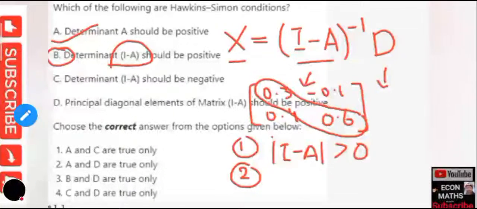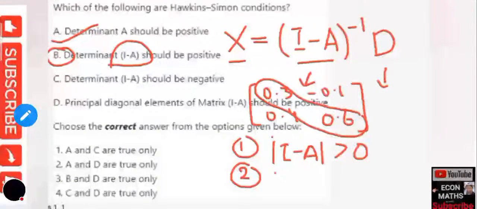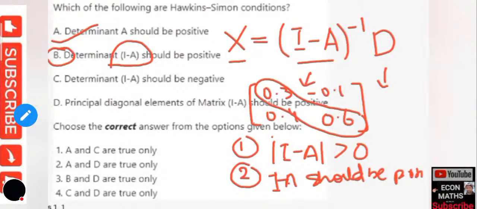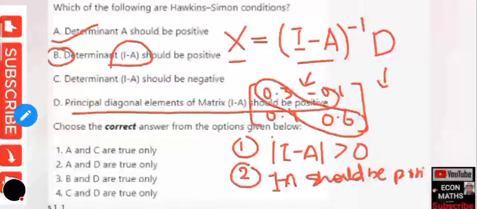So the elements on the principal diagonal of the I minus A matrix should be positive. That is true. That means the option that principal diagonal elements of matrix I minus A should be positive is also correct.